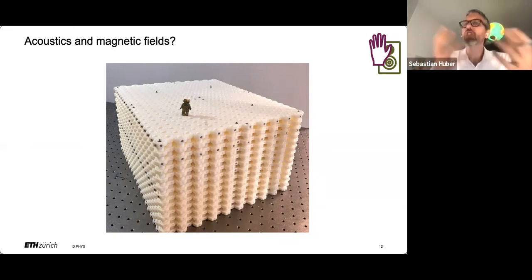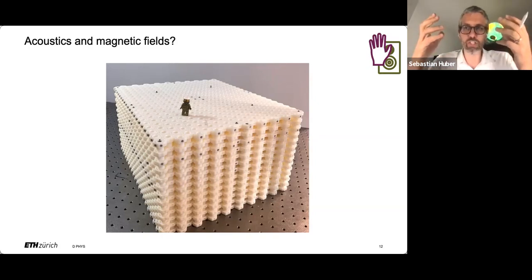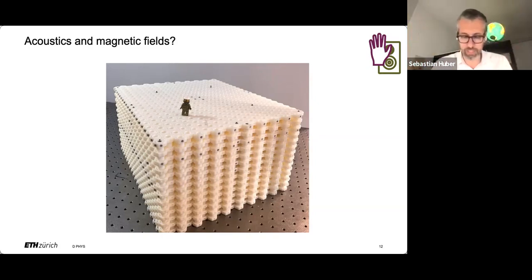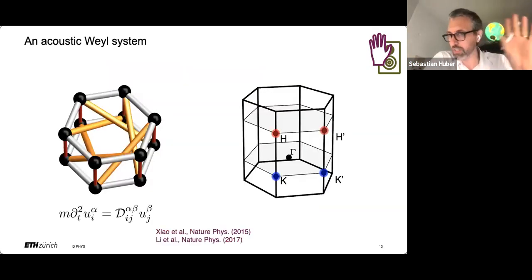So that was the challenge: we would like to have these unidirectional channels, but at the time we didn't know how to do that. Of course, the solution was out there in electronic systems already. But let me first show you that you can do a Weyl system in acoustics, and then import what people knew from electronic systems.